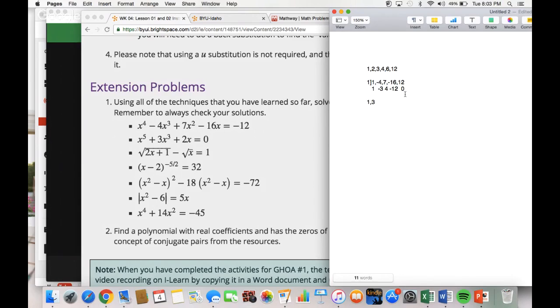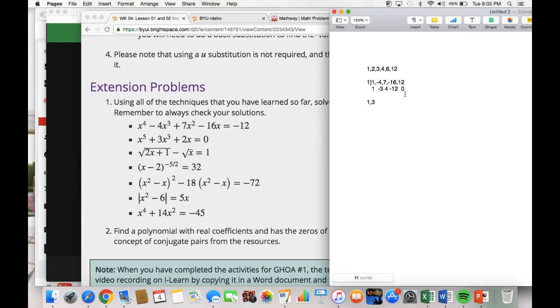So let's take 3 for example. 3 to the 4th, that's 81, right?